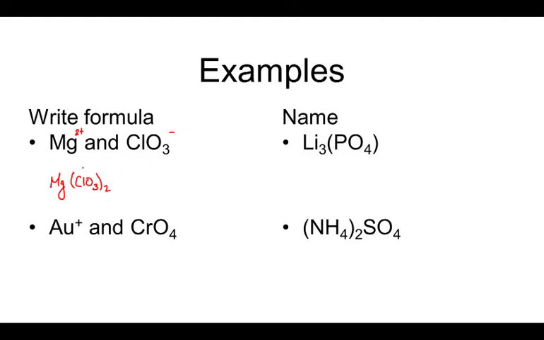This 2 means that we need 2 full chlorates to provide the charge of the magnesium. Think of it kind of like in math. If you had 2 times x plus 2, you would distribute this 2 to both of these things. This 2 means that we need 6 oxygens and 2 chlorines, right? Or 2 full chlorate polyatomic ions.